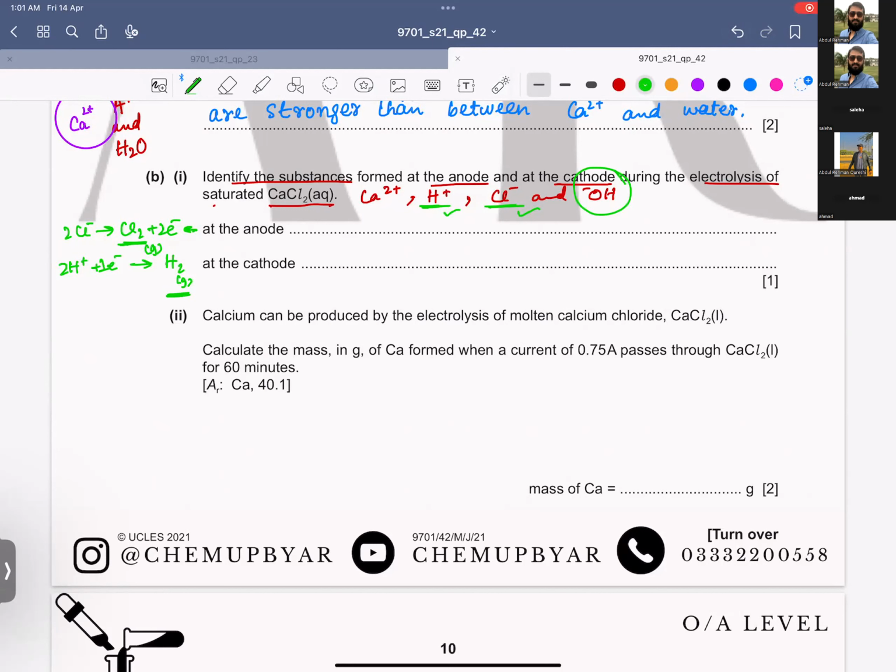Okay, so the product that I'm getting at the anode is chlorine gas, or I can write just chlorine, and here hydrogen.